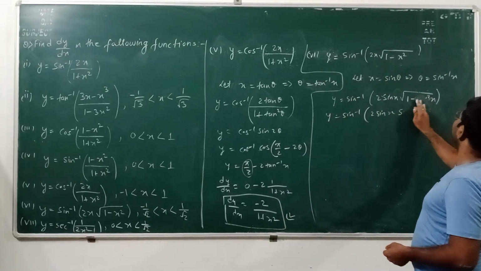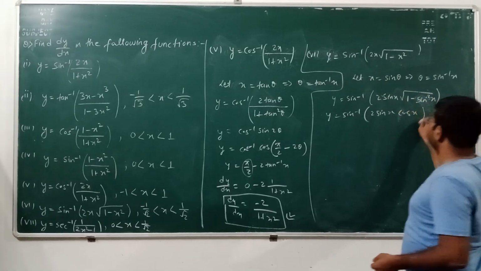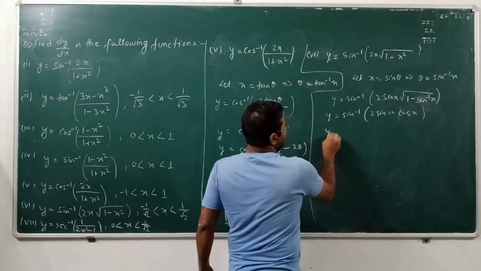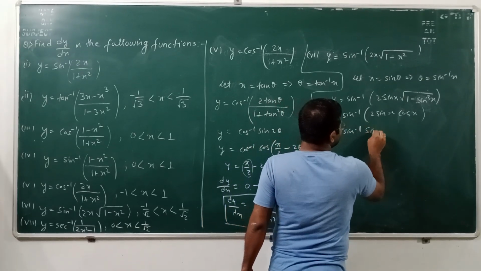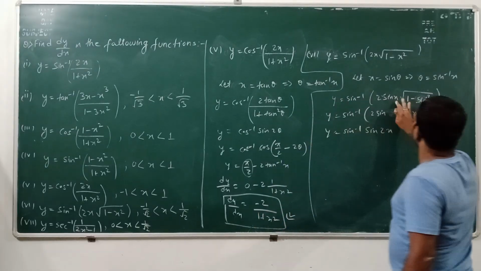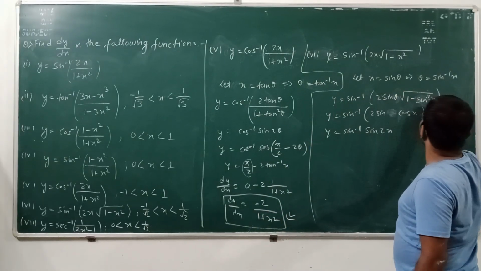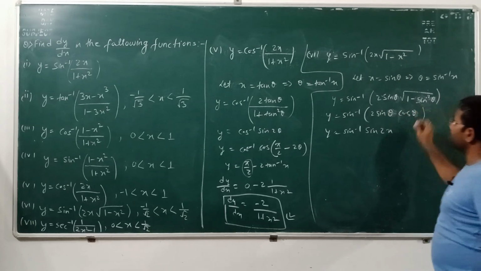Sorry, here we have to put sine, na? Cos x. y is equal to sine inverse sine 2x, sorry, what am I doing here, here we have to put theta, okay, theta.